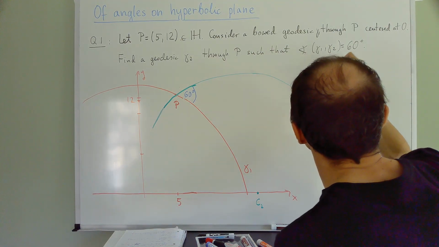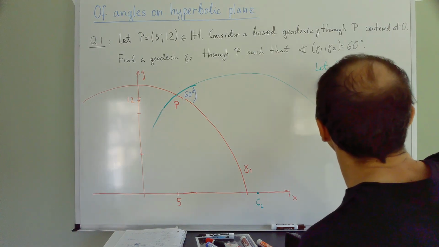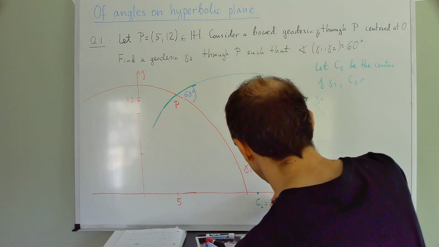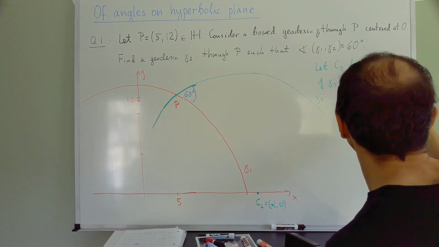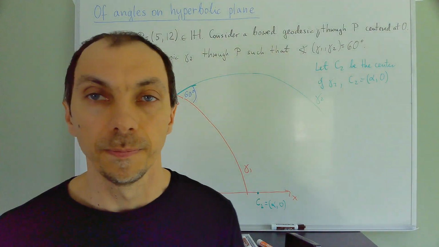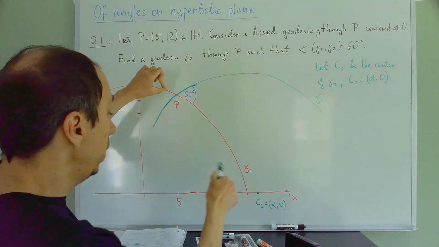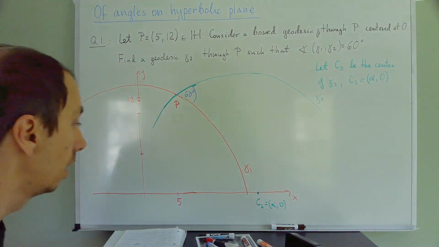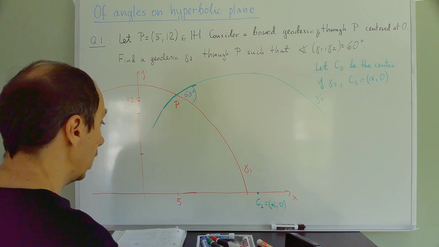So C2 is given by some x coordinate alpha, and then 0 on the y axis. So it's alpha, 0. We want to find that alpha. Once we have alpha, because we also have the coordinates of P, we will know the radius of that circle. So we will know its center and the radius, so we will know everything. So this is C2.